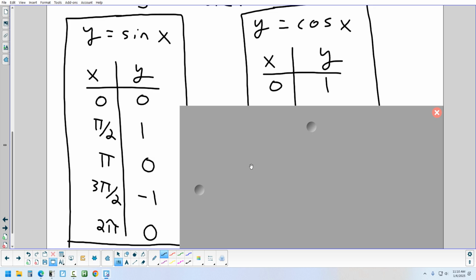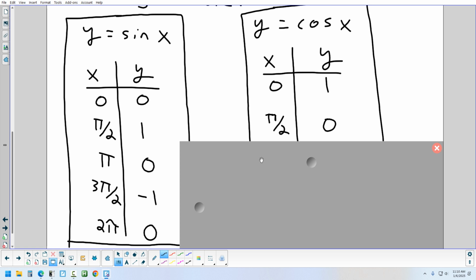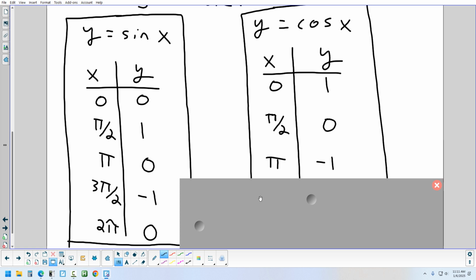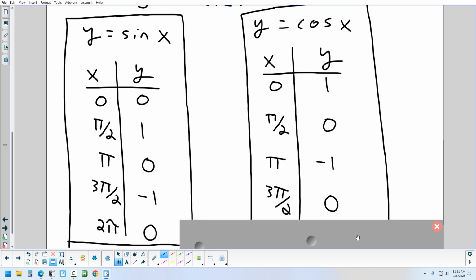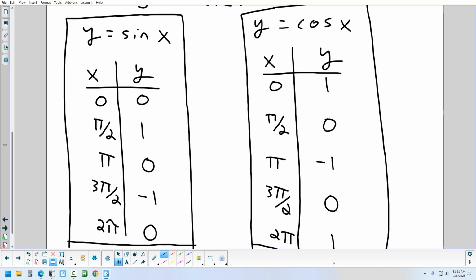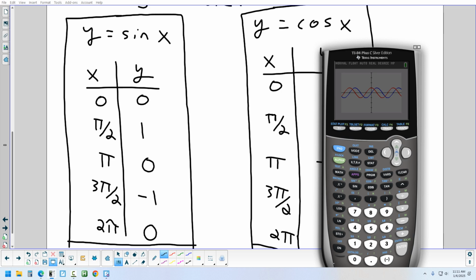So we have 0, 1, pi over 2, 0, pi, negative 1, 3 pi over 2, 0, and then 2 pi, back at what you started with for the next cycle. So those are the first 5 coordinates in the cosine cycle. Now, technically, cosine goes on forever. When I say the first cycle, I mean the first cycle that's positive.